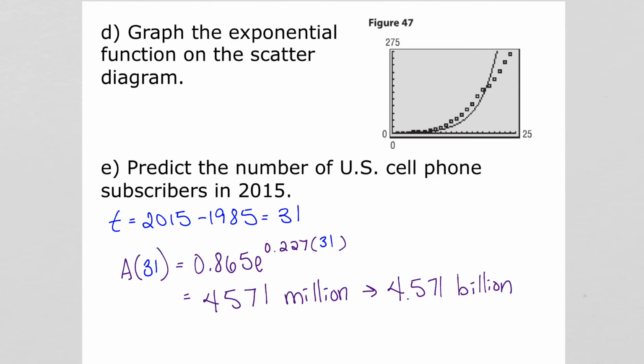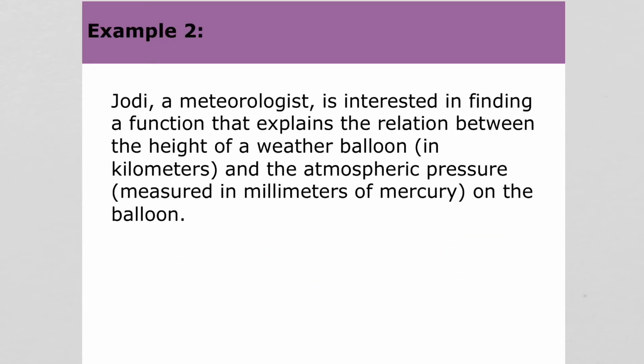So it's highly unlikely that it would go up that high. So I just want to point out, instead of an exponential, we would want to use a logarithmic, or a logistic, where it would flatten out at some point. Just wanted to point that out.